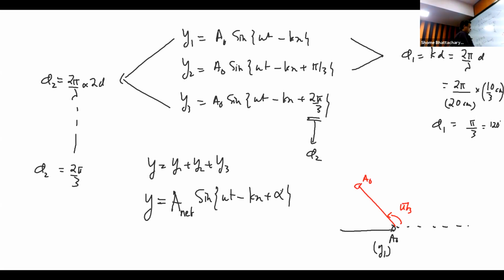This is the amplitude of the wave y2. And in comparison to that, the third one is even more interesting. It's going to look like this. So it is going to get you to a net amplitude of 0, interestingly. So this will also result in a sort of destructive interference, you can say.